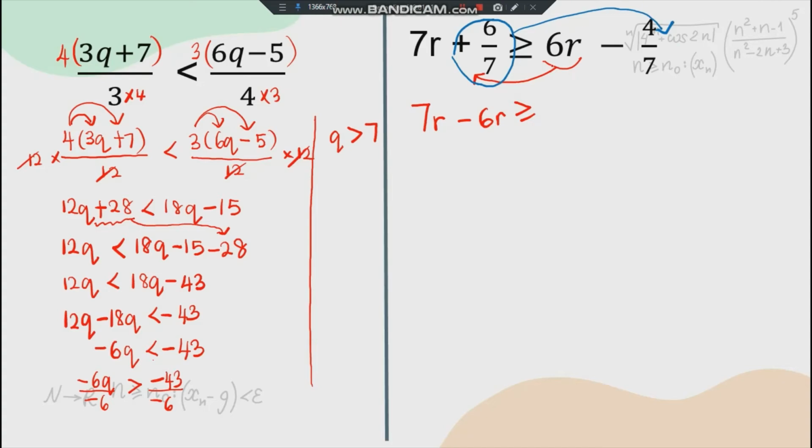We are just swapping the position. So negative 4 over 7 remains the same, and plus 6 over 7, we are changing the position. So the symbol will be negative 6 over 7 minus 6 over 7. So solving the like terms, 7r minus 6r, you will get r greater than negative 4 minus 6 over 7. You will have negative 10 over 7.